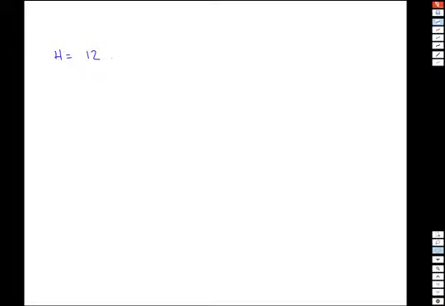So it's 12 hours of daylight, right? Yeah. It's 2.4 sine of 0.017 t minus 80. And you're trying to find the average value of h over different periods.